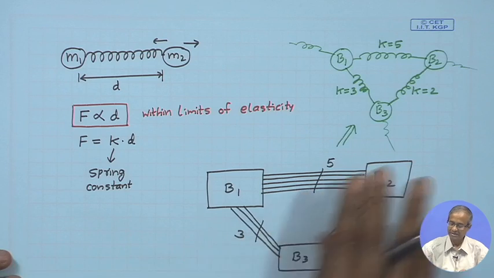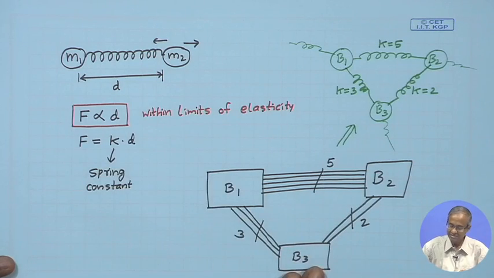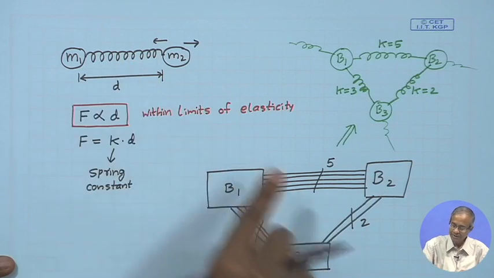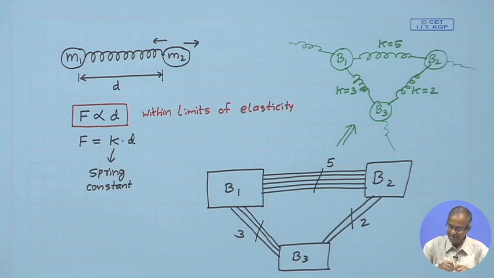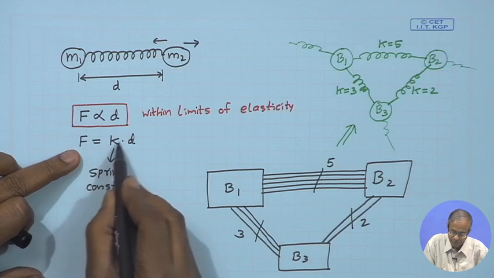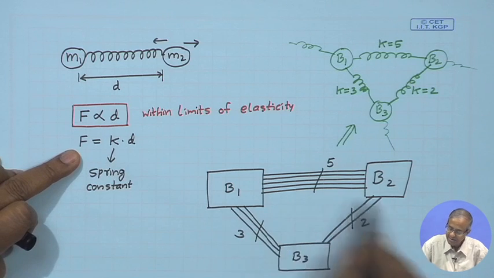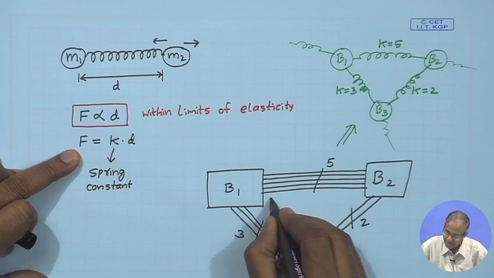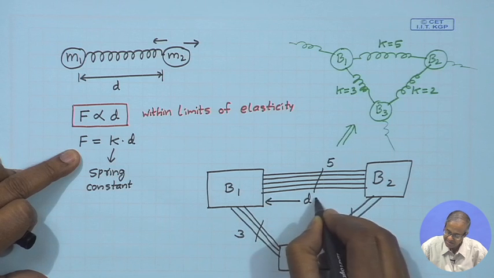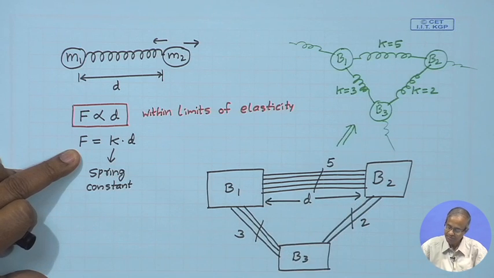Okay. So, the analogy is like this: we have a spring, we have the interconnection lines. Now, the analogy is that Hooke's law says force will be proportional to the distance. Here also the same thing. Let us say this is the distance d between the two blocks B1 and B2.